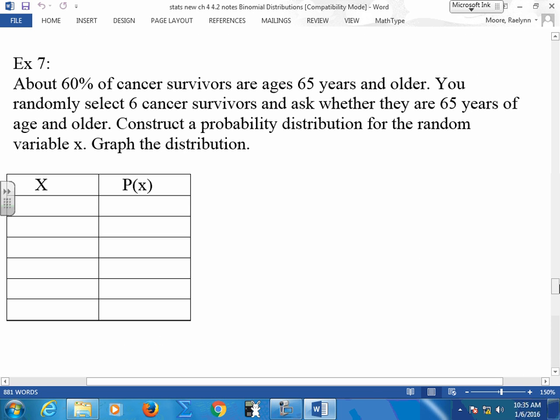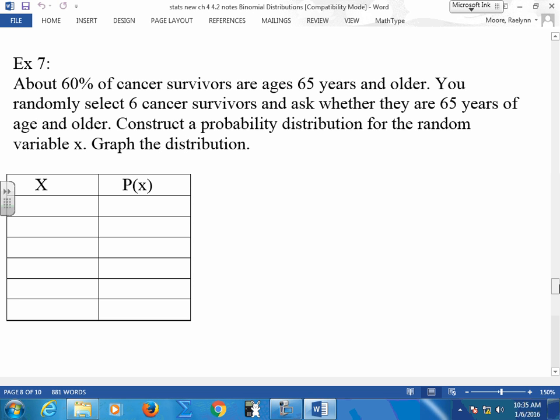So let's work 1 through together. About 60% of cancer survivors are ages 65 and older. You randomly select 6 cancer survivors and ask if they're 65 years or older. Doesn't matter how old they are. They're either going to say yes, they're 65 or older, or no, they're not 65 or older.